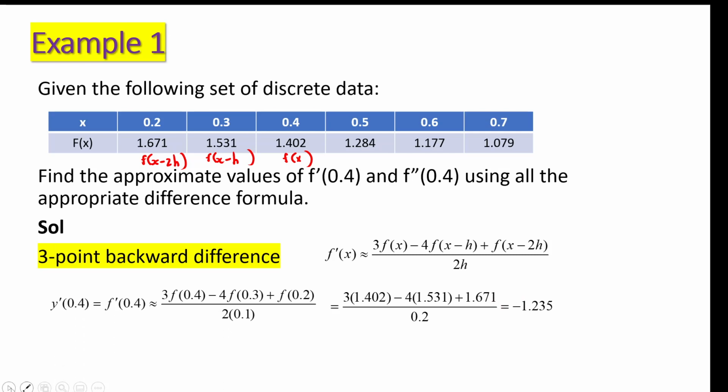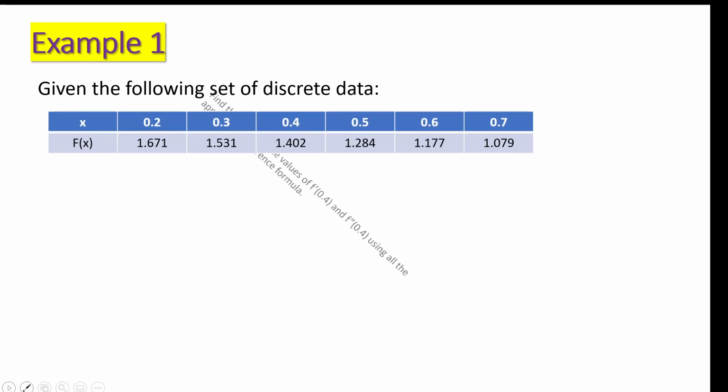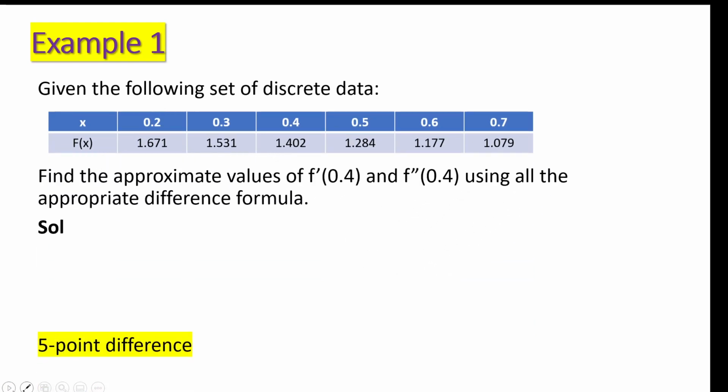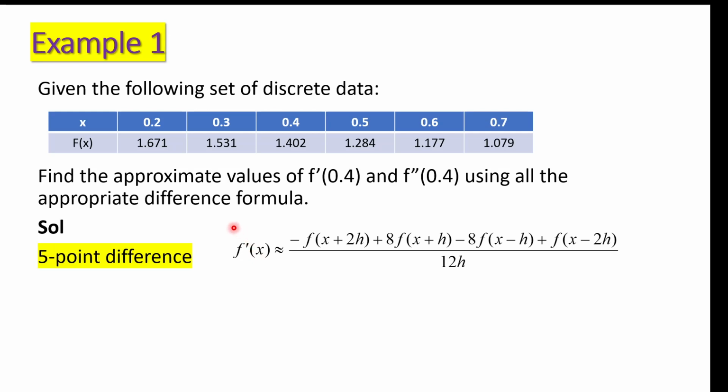Okay, then we move to the 5-point formula for the first derivative. So this is the 5-point difference for the first derivative.